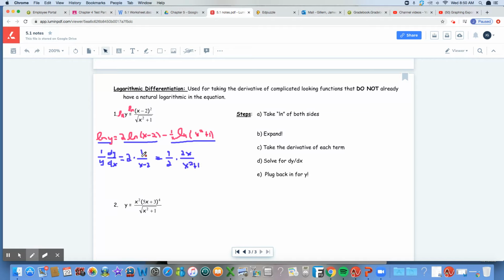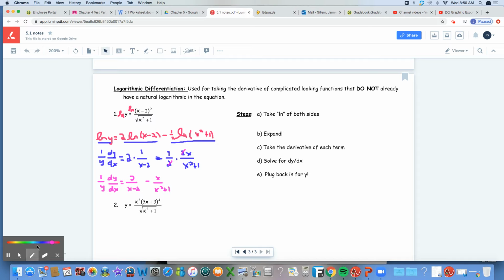To clean this up a little bit, we have 1 over y dy dx equals 2 over x minus 2 minus, these 2's are going to cancel, x over x squared plus 1.